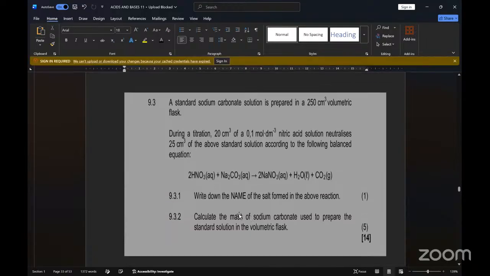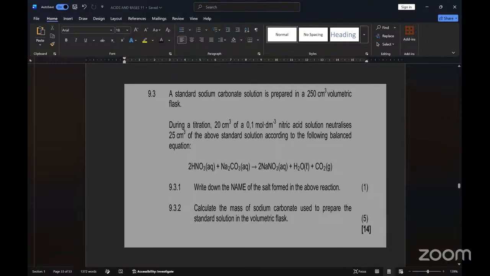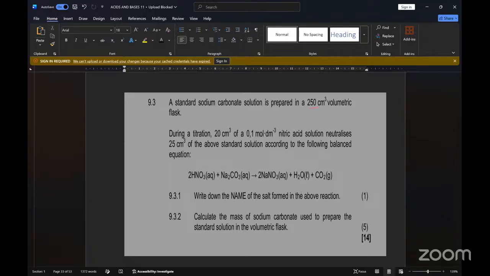Now, this one says that a standard sodium carbonate solution is prepared in this volume of a volumetric flask. We'll come back to that. It says that during a titration, this centimeters cube of this nitric acid neutralizes 25 centimeters cube of the above solution according to the following reaction.